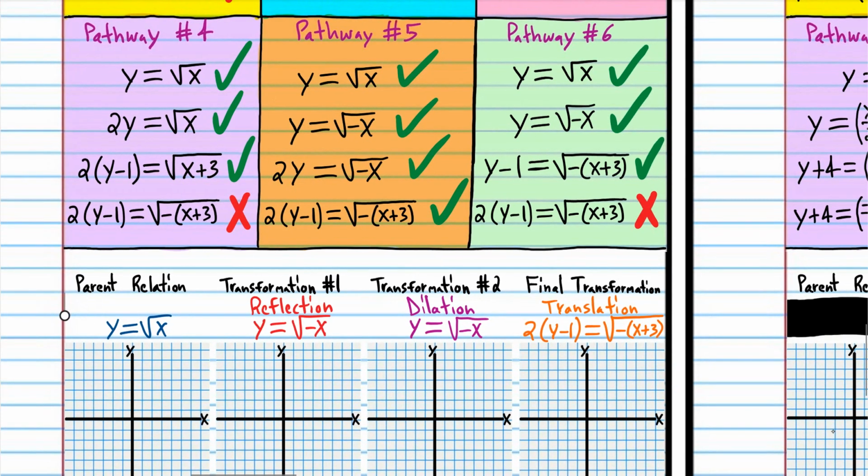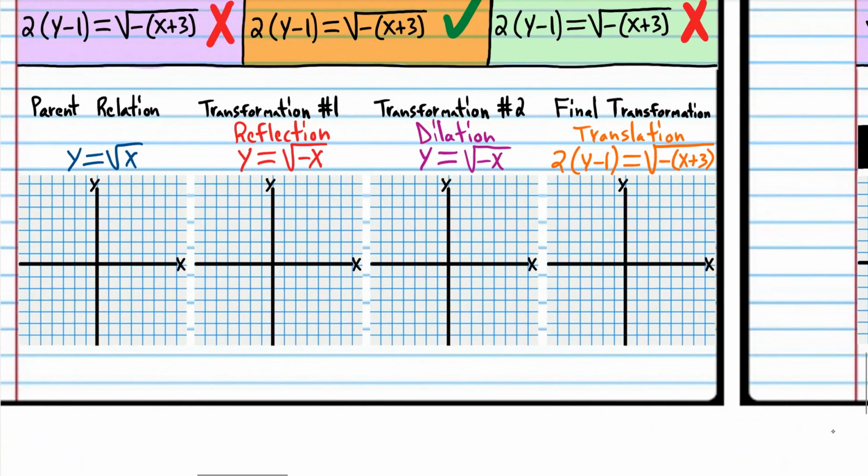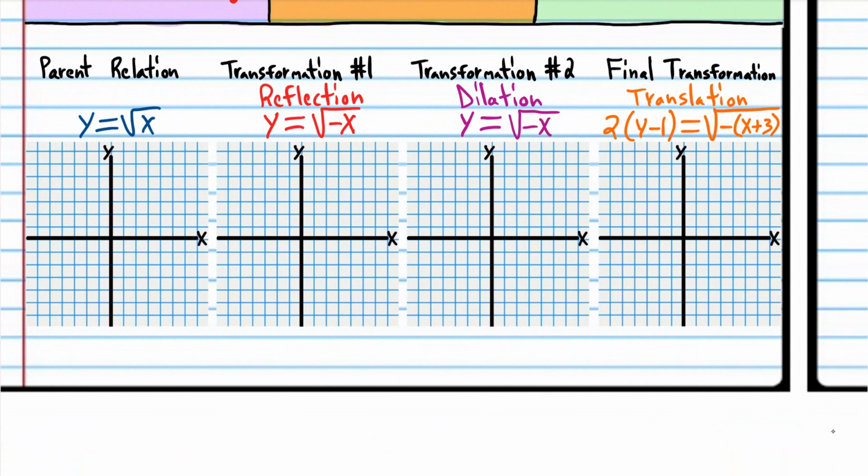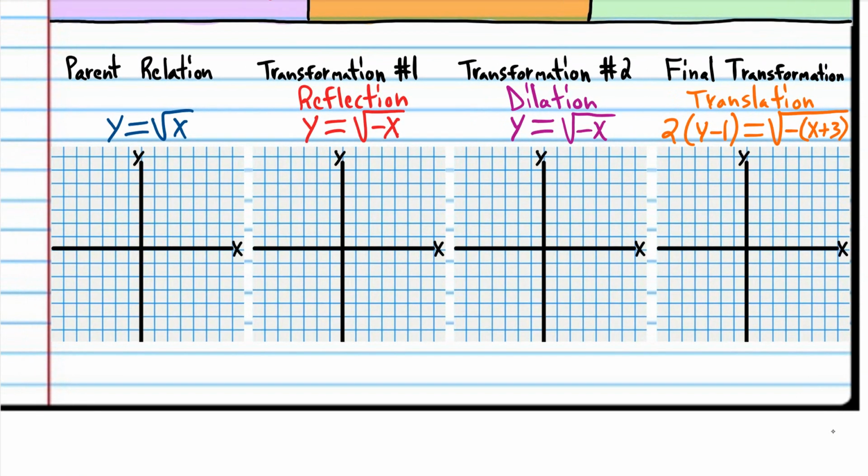That pathway is reflection first, then dilation, then translation. So now that we know the pathway to use, we're going to graph just like we did in the previous class. So I'm going to do this kind of quickly because you've already seen this. So we have the reference points 0, 0, 1, 1, and 4, 2.